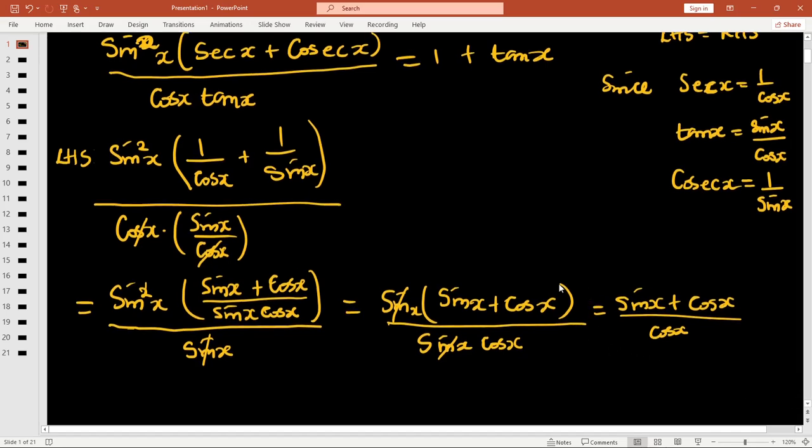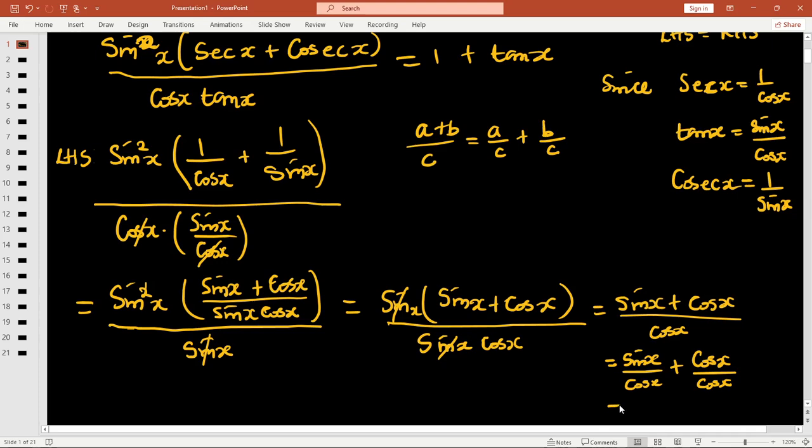Okay, so now remember, if you have a plus b over c here, this is the same as a over c plus b over c, like this here. So it's the same thing that we're going to do here. This is the same as sin x divided by cos x plus cos x divided by cos x, like this.